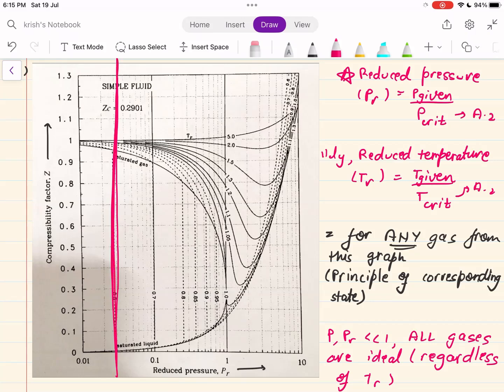You can see that all of the TR lines start somewhere from here, in this region, and then they continuously diverge. But you can see in the starting, all of these lines are very close together, and in fact, they're very close to 1 also, which implies all of them, regardless of TR, are ideal gases.